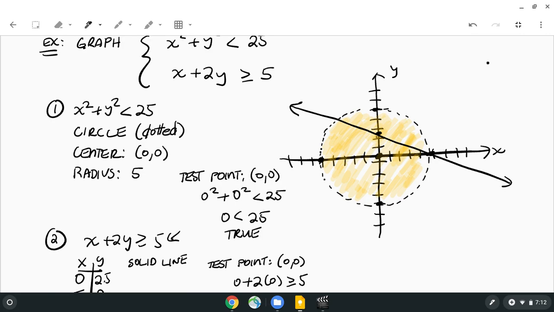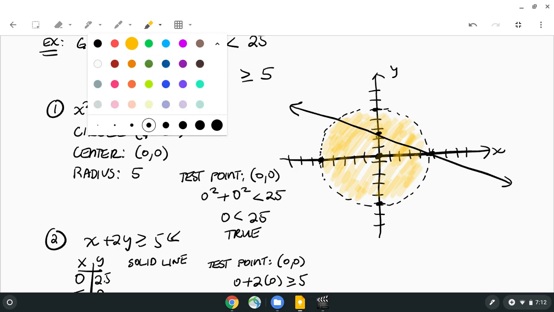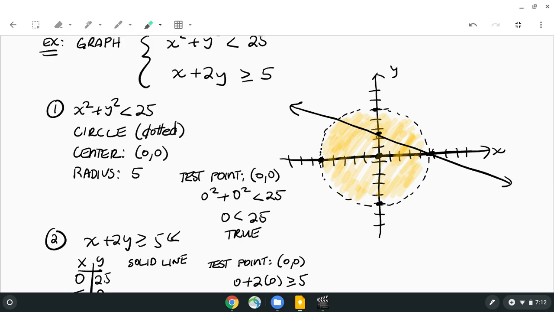So let me take this highlighter and choose this color. I'm going to shade above the line because 0, 0 did not work for me.